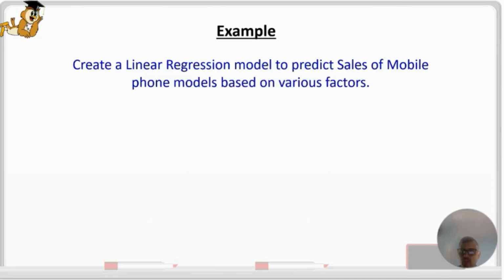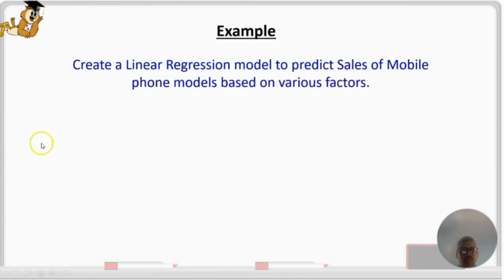There are numerous mobile phone models in the market, and suppose you owned a mobile shop. You wanted to create a linear regression model to predict how many pieces of a particular model you would sell based on various factors.